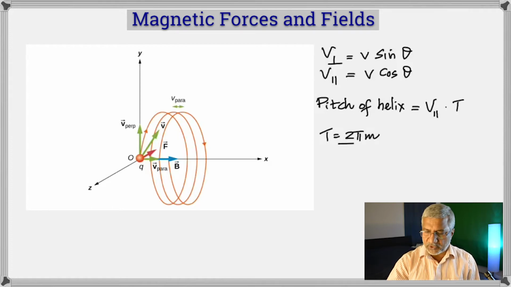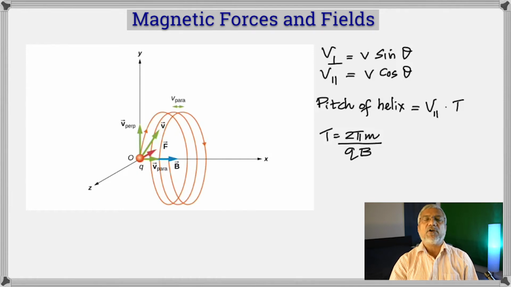We already know that. We need to multiply that with v cosine theta, and you can solve the problems. I've not shown that there, but you can do problems using those formulas. That's in the case of a particle that's entering at an angle.